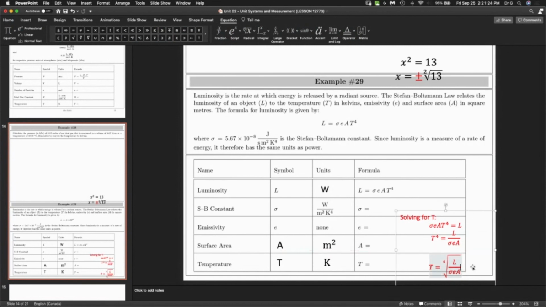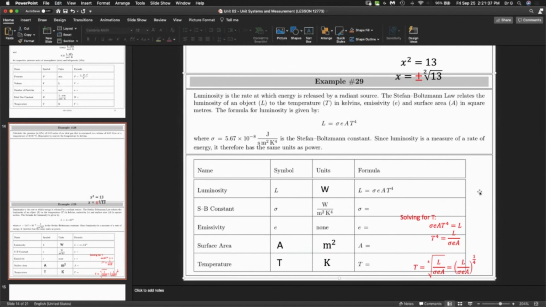Option 2, which are both correct, you could also raise it to the power of 1/4. Either option you choose is correct. And of course, when you look at my solutions for these on Blackboard, you'll see that I think I chose the first one. I used the actual root operator.